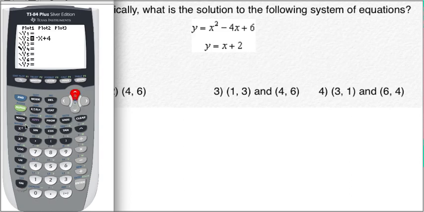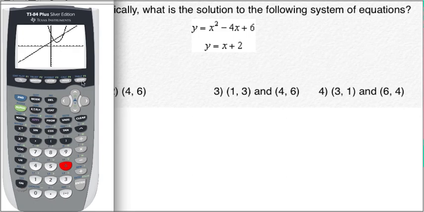So we have x squared minus 4x plus 6. That's the first equation. The second one is x plus 2. And then let's go for zoom standard, number 6.